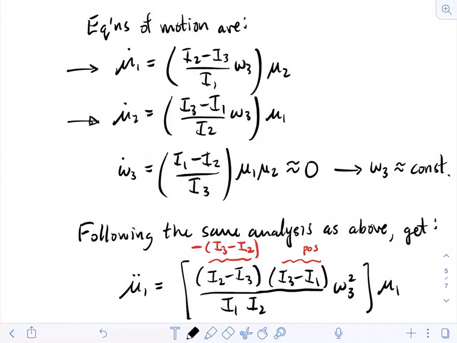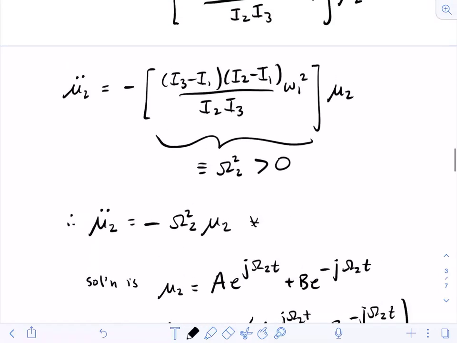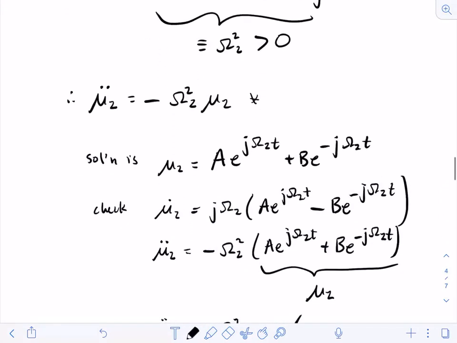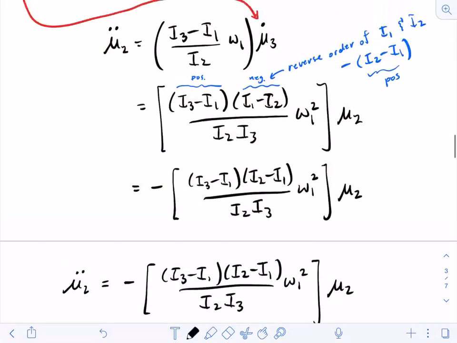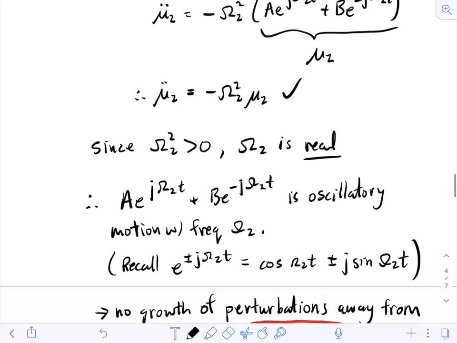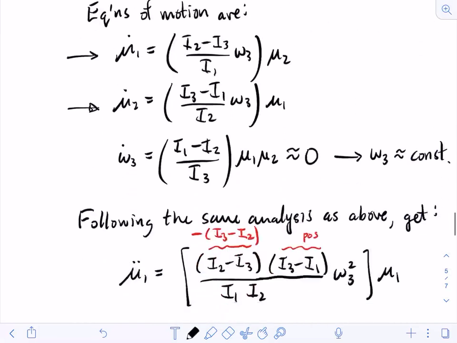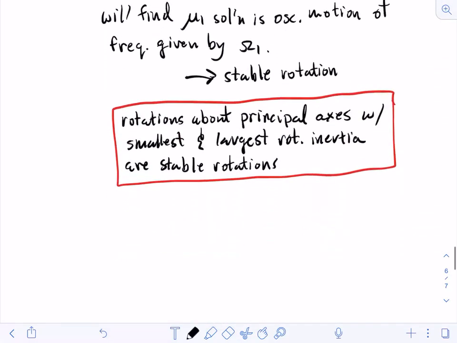Same thing if you went back to the first problem that we solved. In the first problem, we solved for mu2, but we didn't bother solving for mu3. If you did it, you would get the exact same solution that we got for mu2, and the oscillations would have exactly the same frequency that we calculated for mu2.